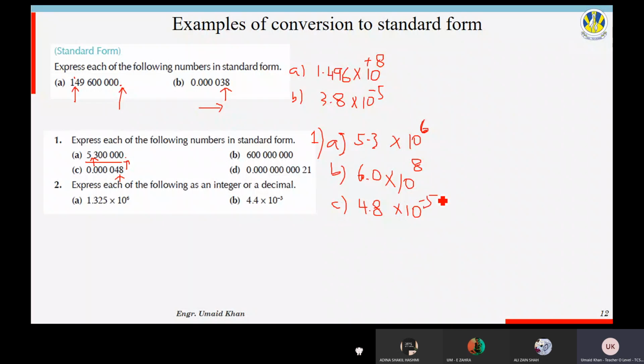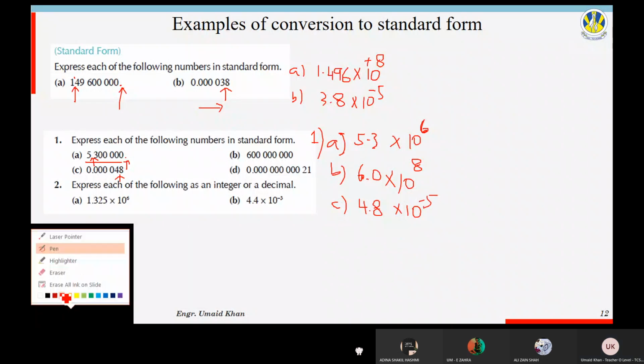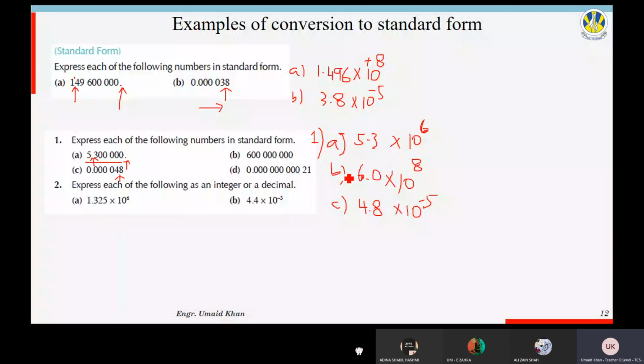Very good. Okay, next part D. It will be 2.1 into 10 raised to the power negative 10. Why is it negative? Because we are moving the decimal to the right.